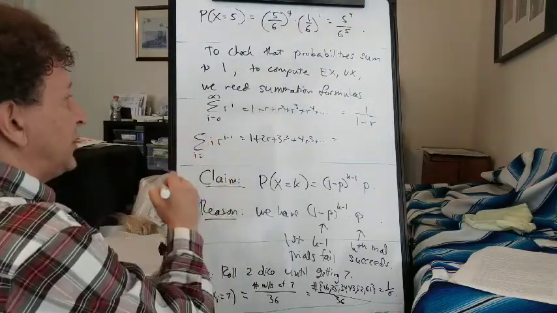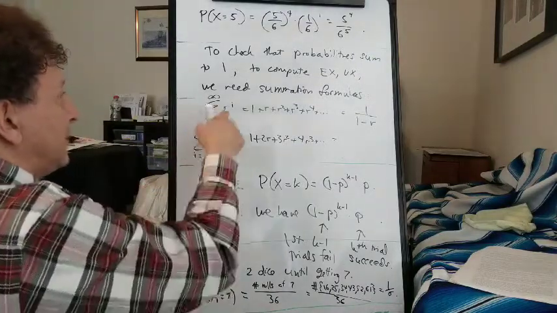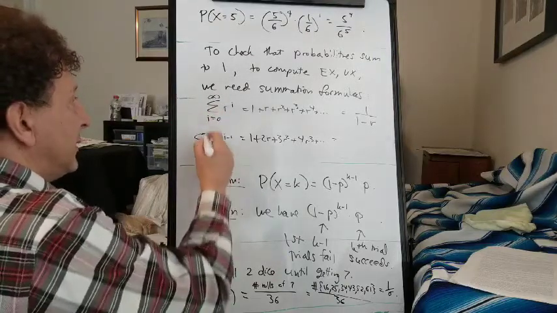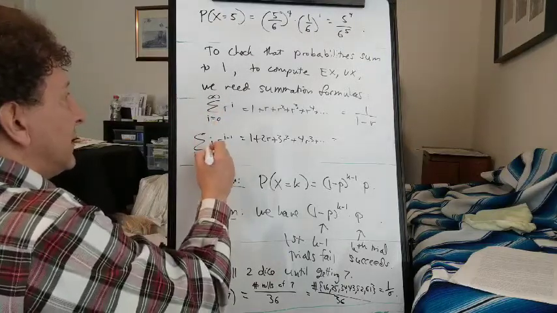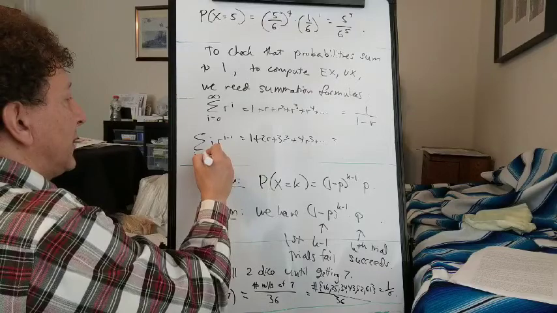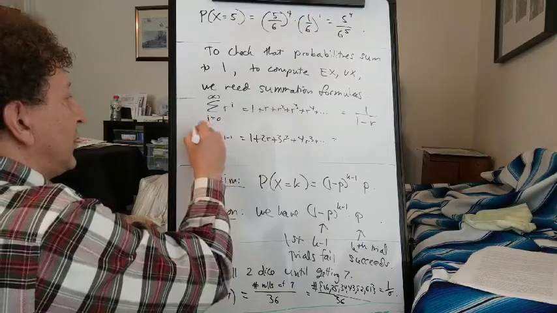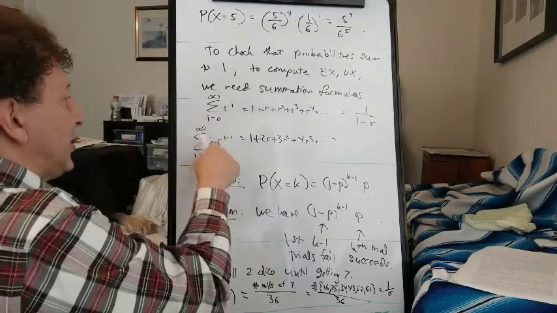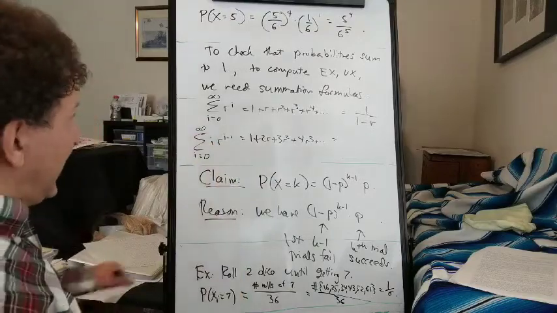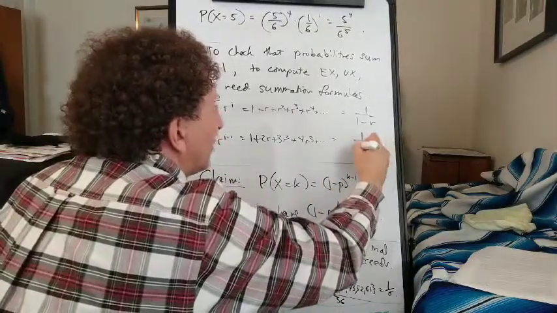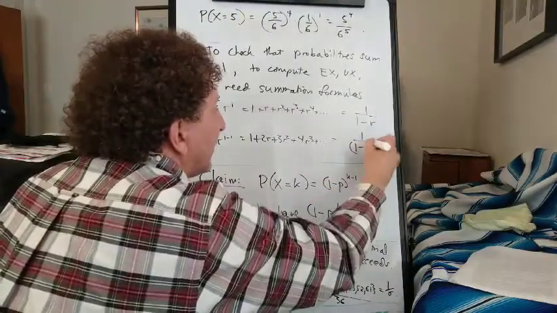I guess we can sum this from 0 to infinity or 1 to infinity. I'm going to write 0 to infinity, although the 0th term would be 0 times something, so it doesn't show up. And this is 1 over 1 minus r, the quantity squared.